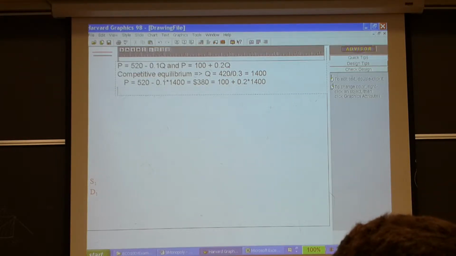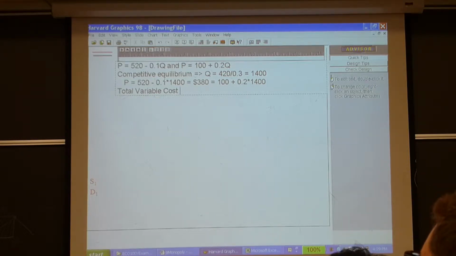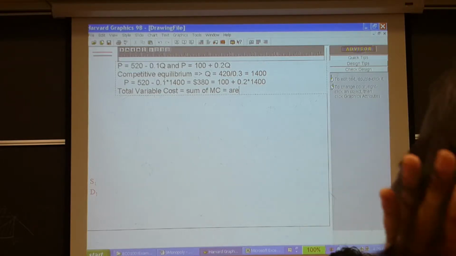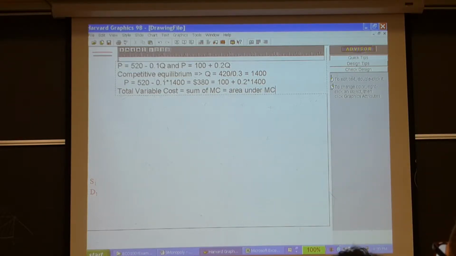Now, let's find the total variable cost here. Now, what is the total variable cost? It is the sum of the marginal costs. It's the area under marginal cost, which would imply it's a trapezoid in this case. So it's going to be between, what's the equilibrium?